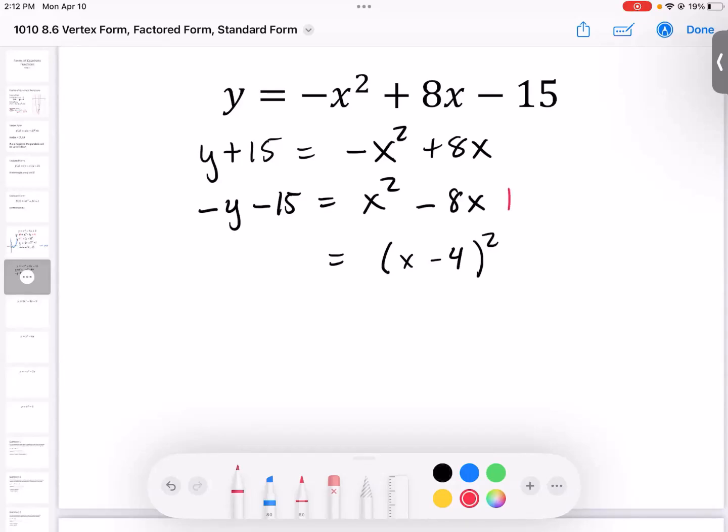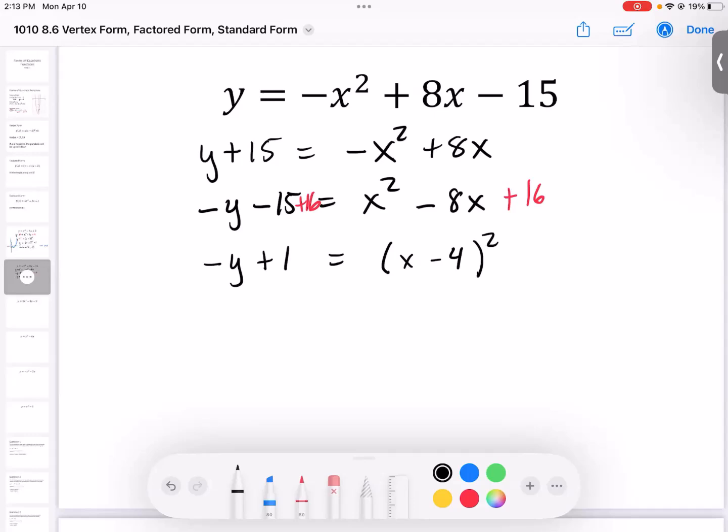Yep, that will be 16 because if you multiply negative 4 times itself, that will give you the 16. So if I add 16 to this side of the equation, I also need to add 16 to the other side. And the left-hand side will simplify to negative y plus 1 equals x minus 4 squared.